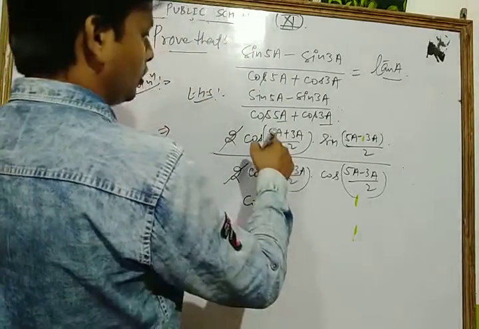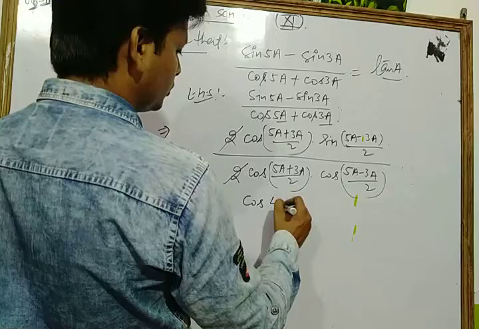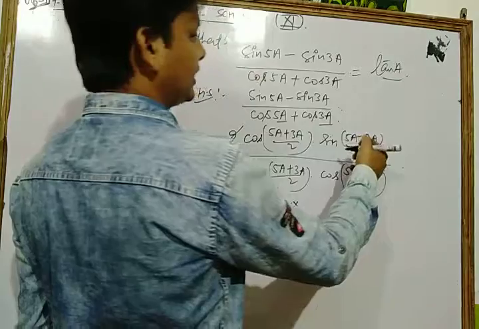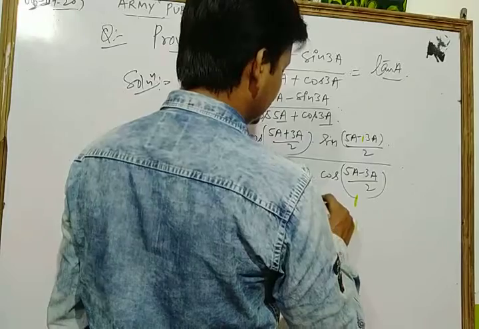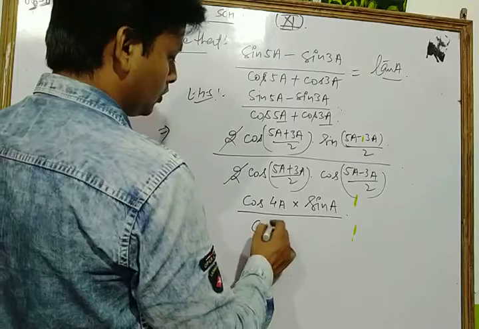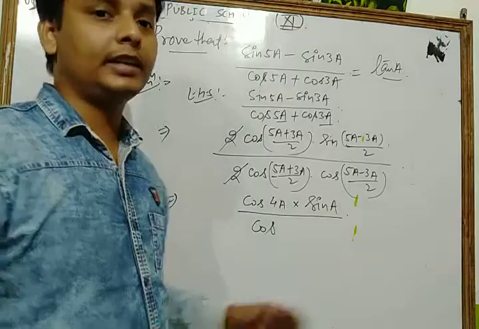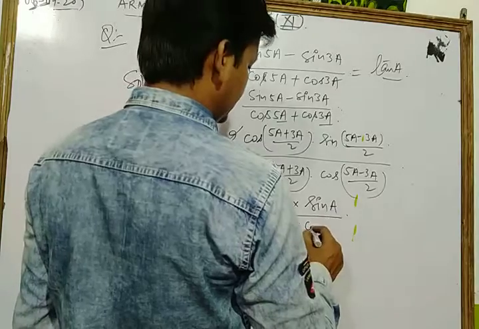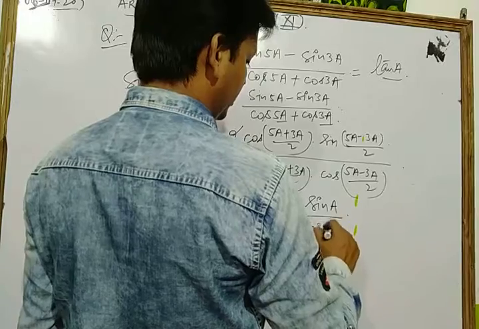Now here we get cos of 8A upon 2, that is cos 4A, into sin of (5A minus 3A) upon 2, that is 2A upon 2, sin A only, upon, in the denominator, cos of (5A plus 3A) upon 2, that is cos 4A, into cos of 2A upon 2, that is cos A only.